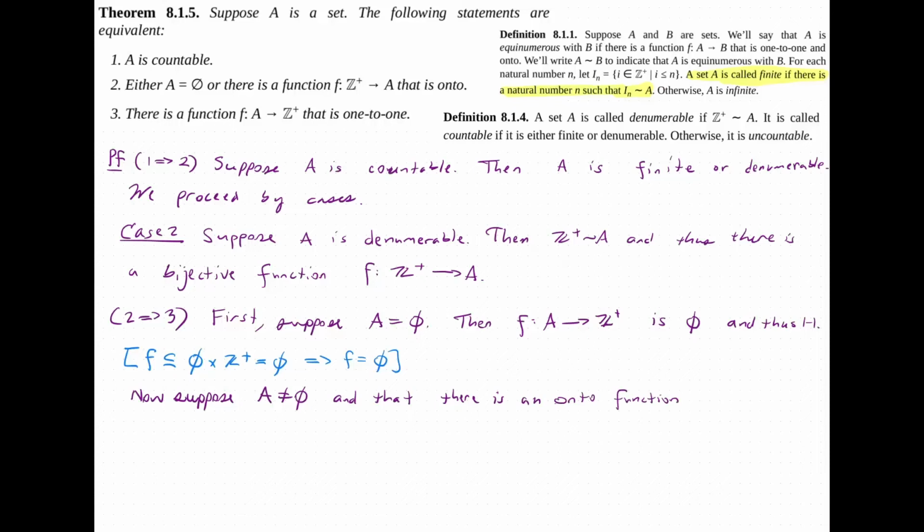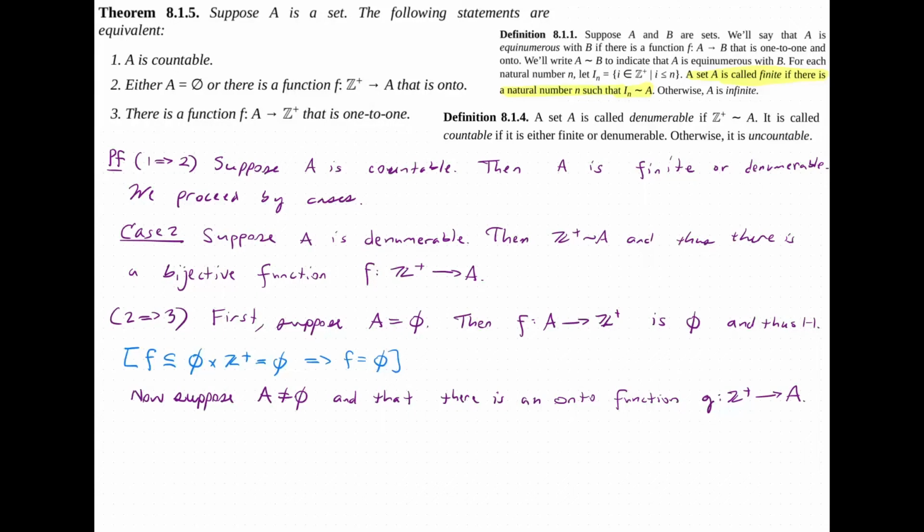And I'm going to switch the notation. So here we have f, but over here in 3 we want to also show f. So what I'm going to do is change this symbol to a g, and we want to show that there is a function f that is 1 to 1.